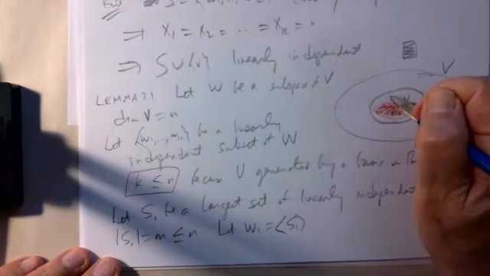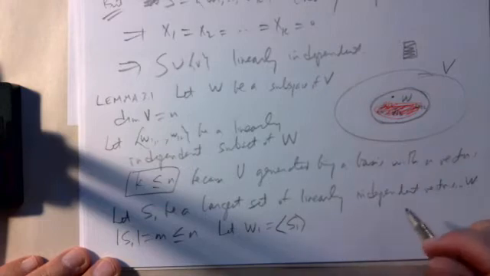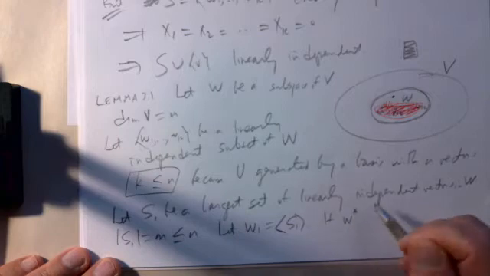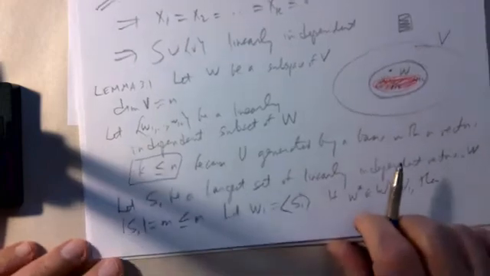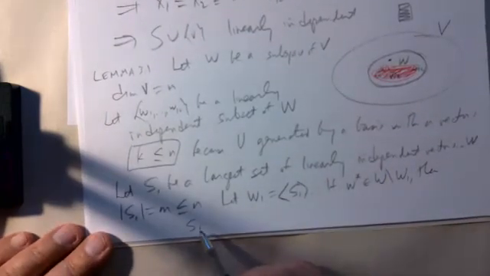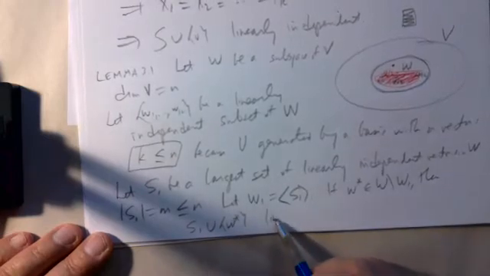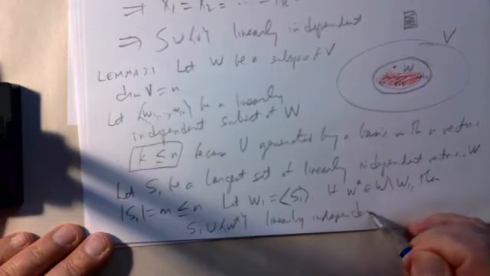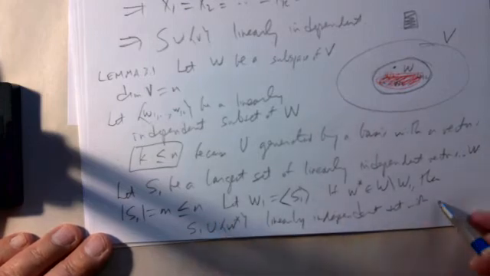Suppose there were a vector in W which isn't in W1. So if there's a vector W star in W but not in W1, then by the lemma I proved a moment ago, if I take S1 together with W star, that's a bigger linearly independent set. And now this set has m plus 1 elements.